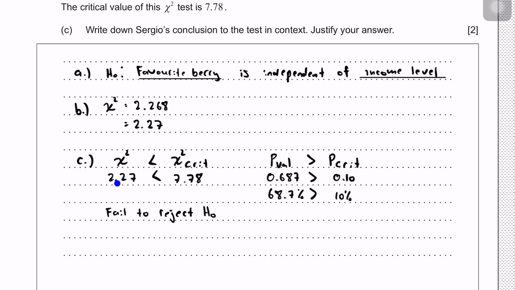A small difference between what we observe and what we would expect just based on chance and equal proportions means the variables are probably not influencing each other either, because we expect to see these kinds of results just based on randomness alone. So in both cases, we accept the status quo, the null hypothesis, and that's us stating that favorite berry is independent of income level.